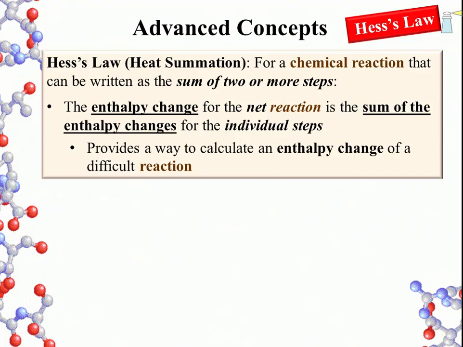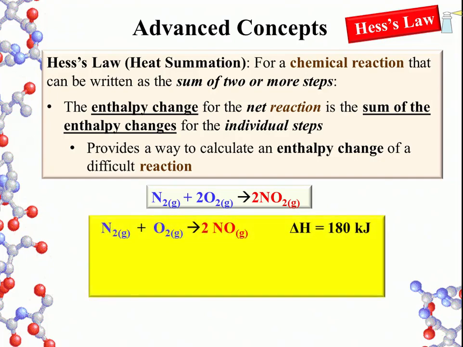Let's see how that plays out with the reaction nitrogen gas, N2, plus oxygen gas, O2, produces nitrogen dioxide, NO2. We will call this the reaction of interest. Say we want the enthalpy change, delta H, for this reaction, but aren't able to find it or measure it.